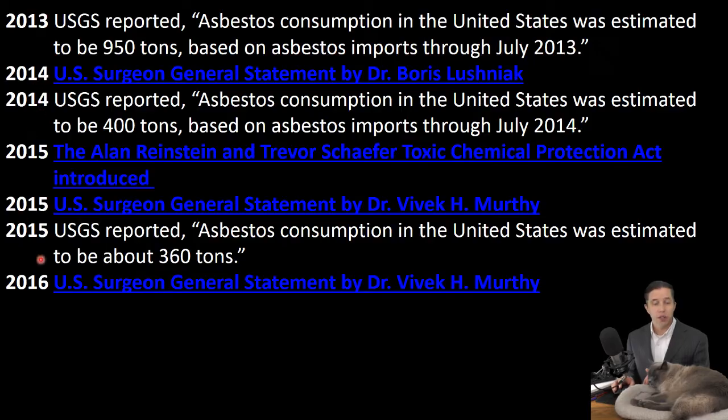So the latest number I can find, 2015, about 360 tons of asbestos in the United States each year. It's not zero. But the point is, this is a material that was deemed hazardous in the early 1900s, and over 100 years later, there are still people being exposed to it. And a big reason for that is lobbyist money. Big money gets into the government. You can affect politicians' votes and keep things legal that are actually hazardous to health.